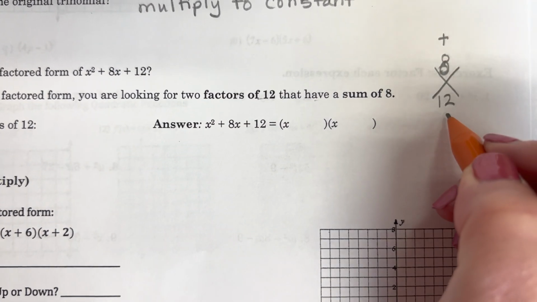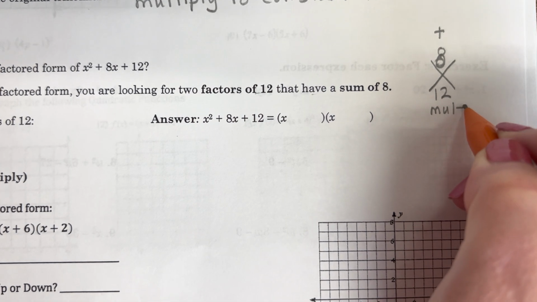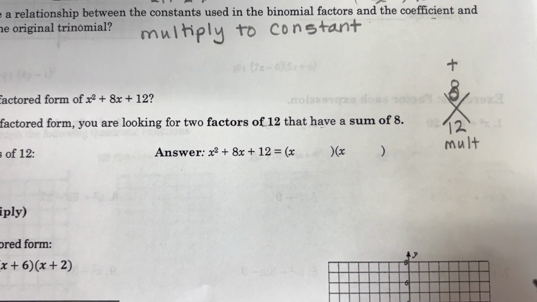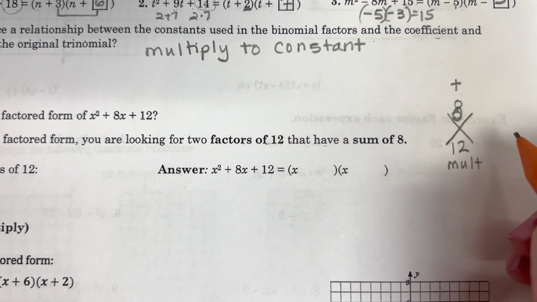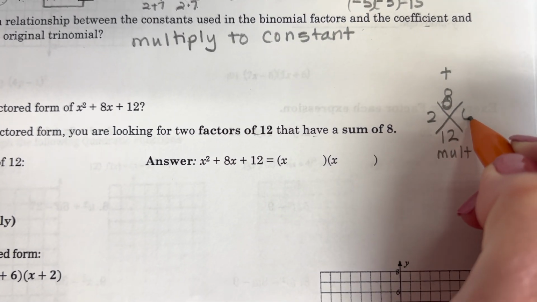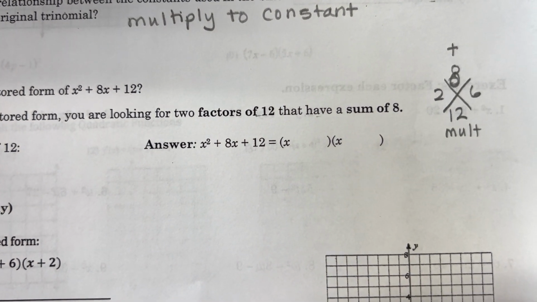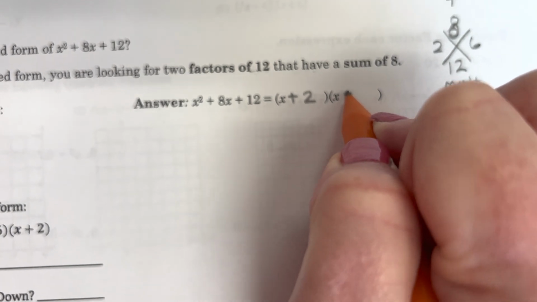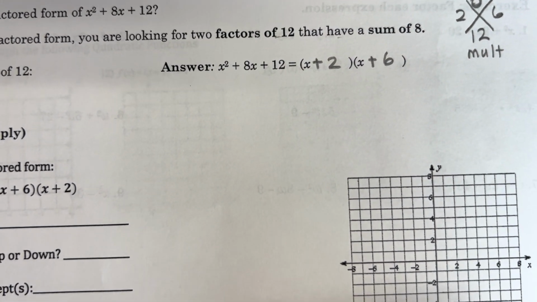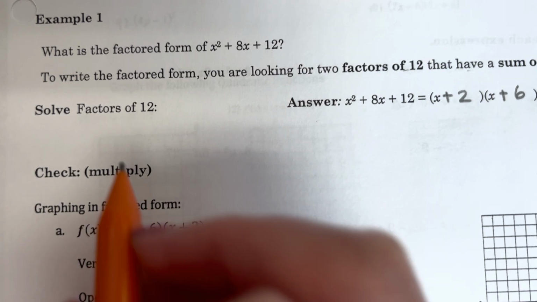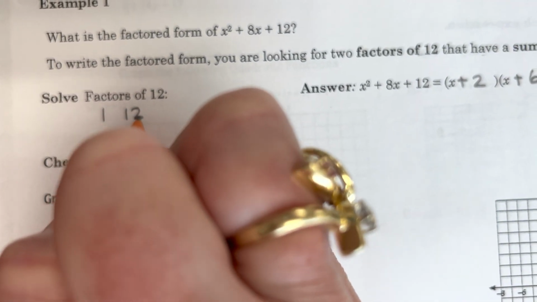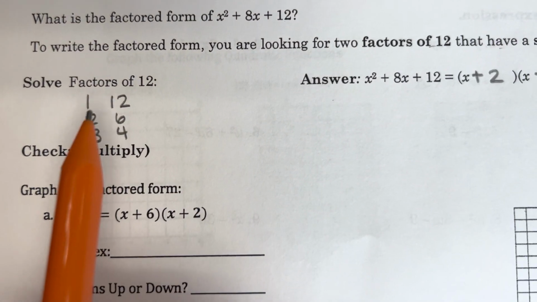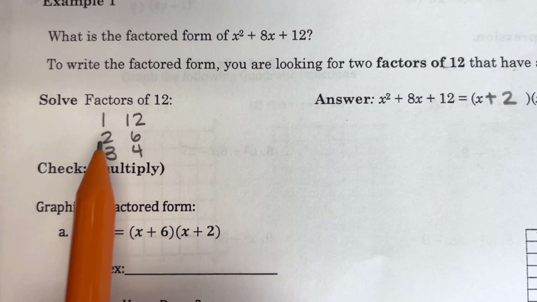Well, 3 and 4 multiply to give you 12, but they don't add to give you 8. 2 and 6 multiply to give you 12 and add to give you 8. So it turns out to be x plus 2 and x plus 6. Factors of 12 are 1 and 12, 2 and 6, 3 and 4. The only one that works to add to give you 8 are the 2 and 6.